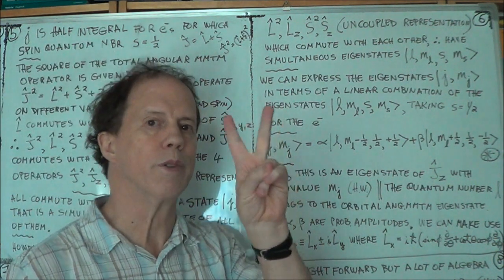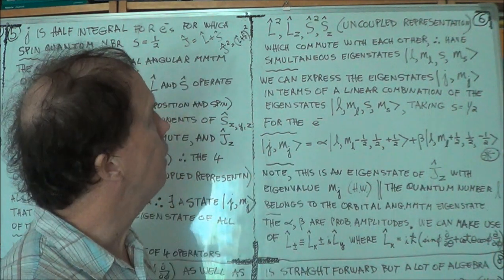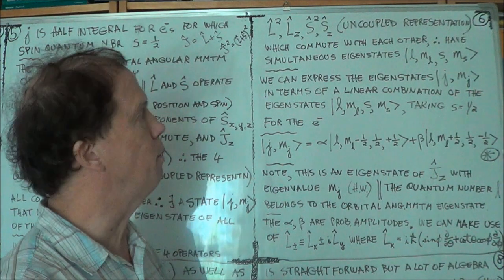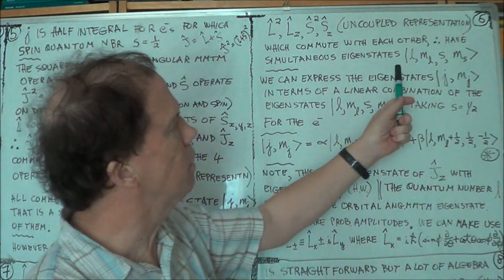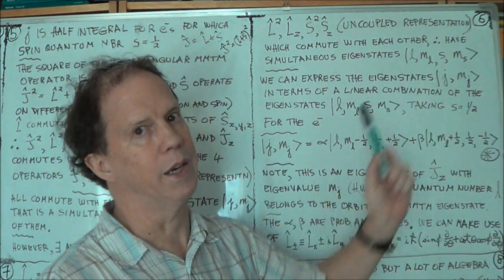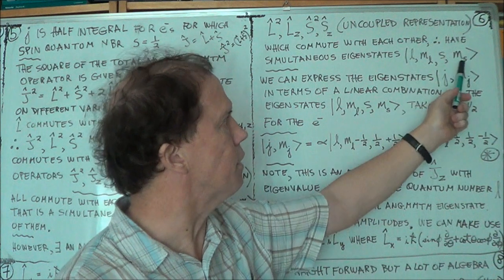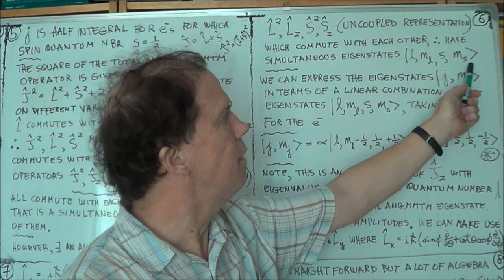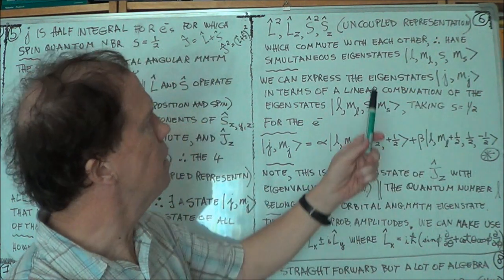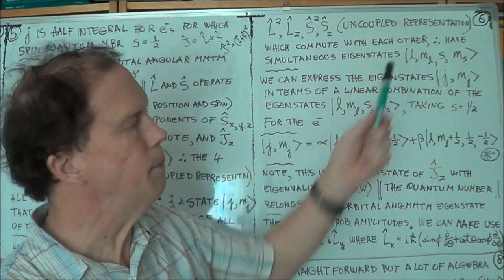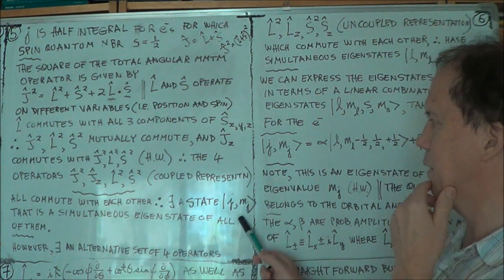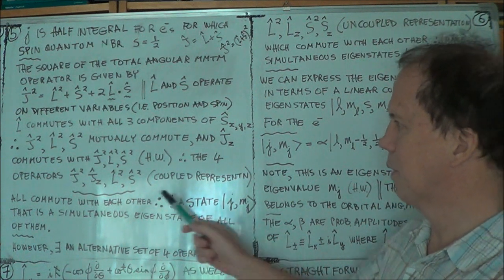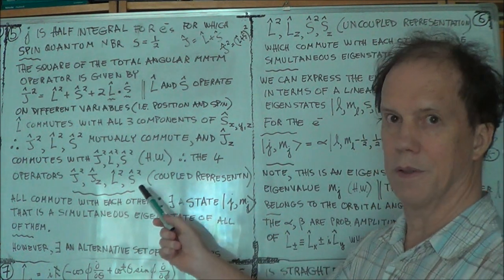But the point is, we do have two representations, uncoupled and coupled. And each representation has its own corresponding set of eigenstates, eigenfunctions. That set of eigenfunctions for the uncoupled representation, and you have this set of eigenstates for the coupled representation for these operators.